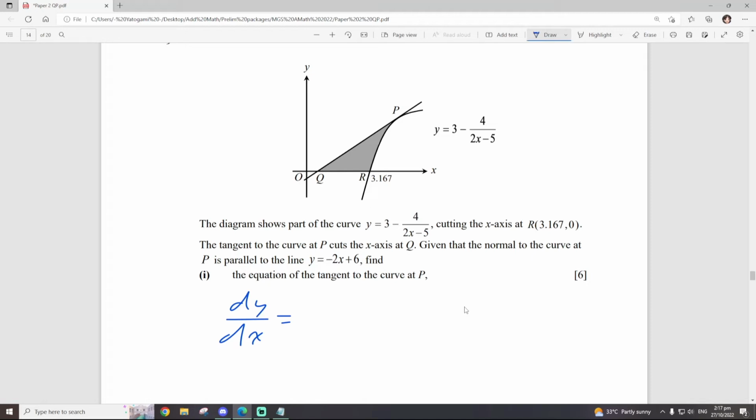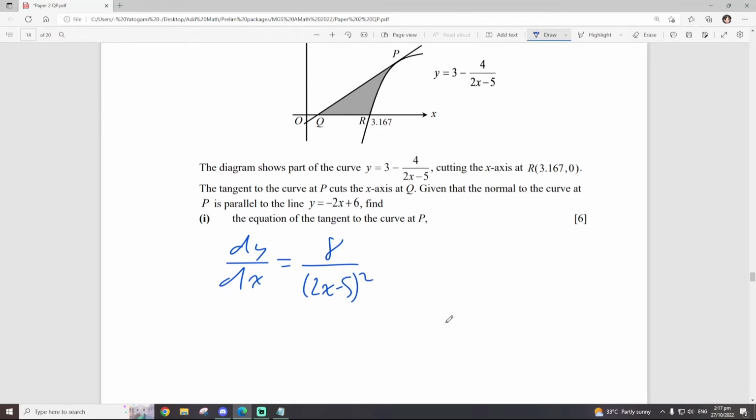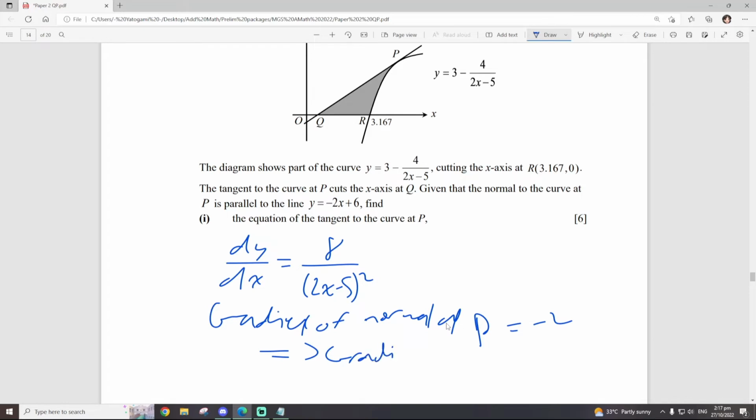When you differentiate this, you should get 8 over (2x minus 5) squared. So the gradient of the normal at P equals -2. This implies the gradient of the tangent is +1/2.